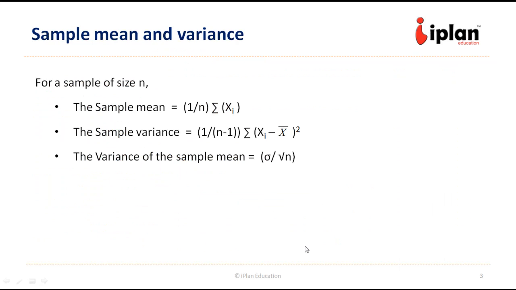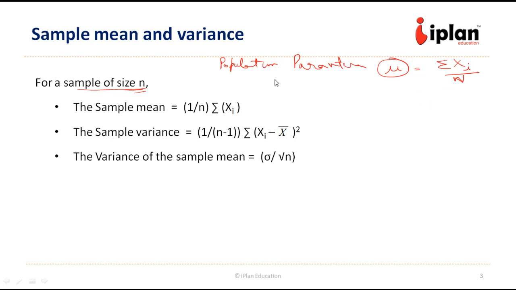First of all, let us look at these simple parameters and sample statistics. If the sample size is of n, we know there are two terms. For population, we have parameters. For example, mean will be represented by mu, which will be summation of all the values divided by number of elements in the whole population.